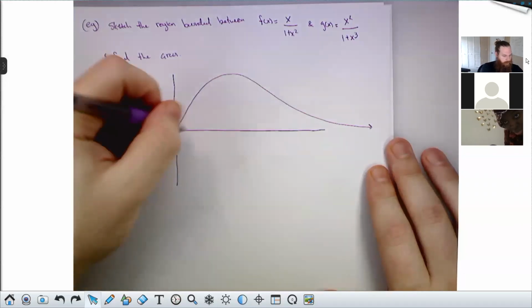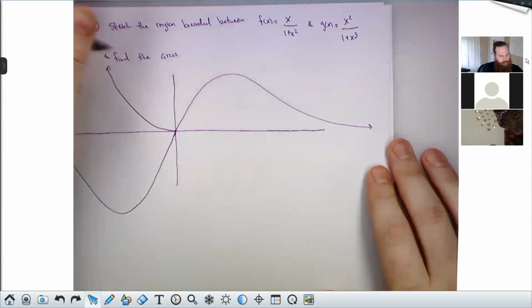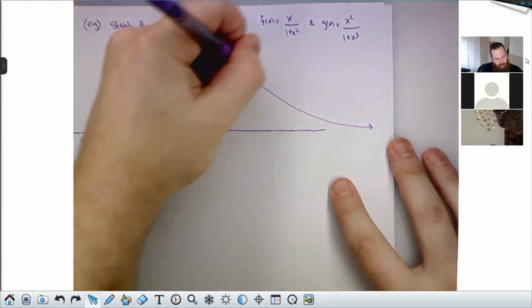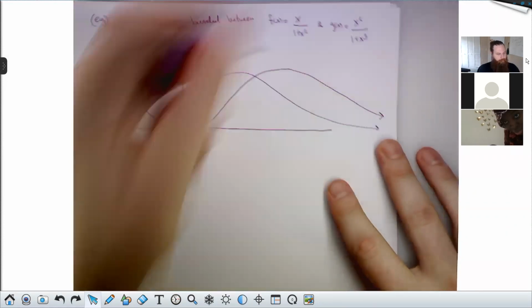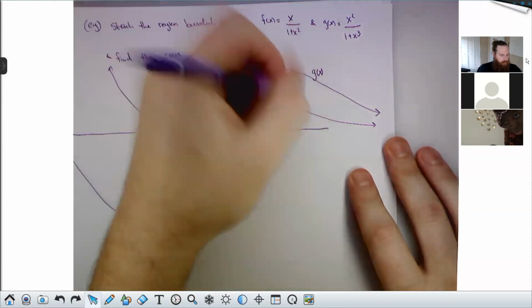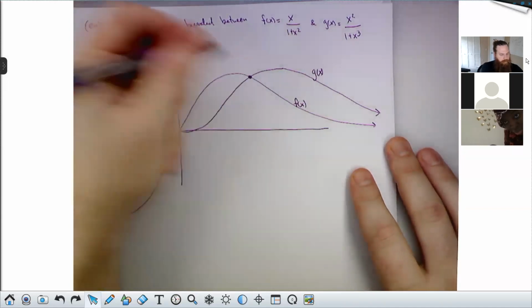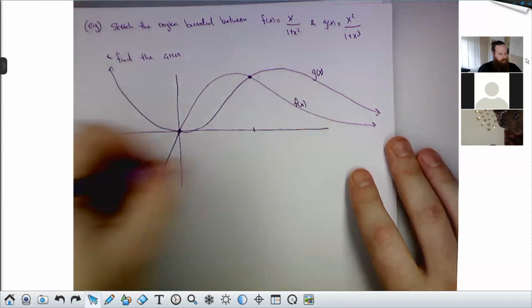He's kind of concave up in here, so he's going to blow up to infinity as we go that way. He's concave up in here and then does something like this. So this is g of x, this is f of x. And this place where they meet, you would have to find that. So you have to find the intersection.